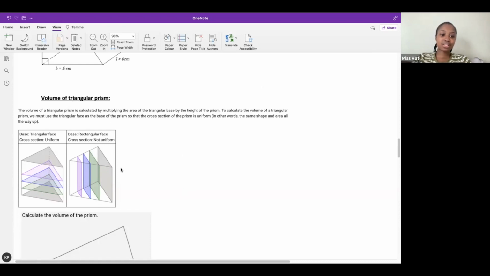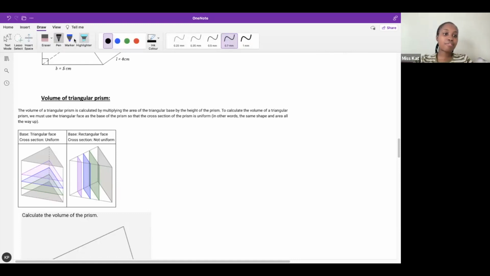What shape is our base? Let's hear. Anyone still awake? Our base for a triangular prism, guys. Thank you. It is a triangle.